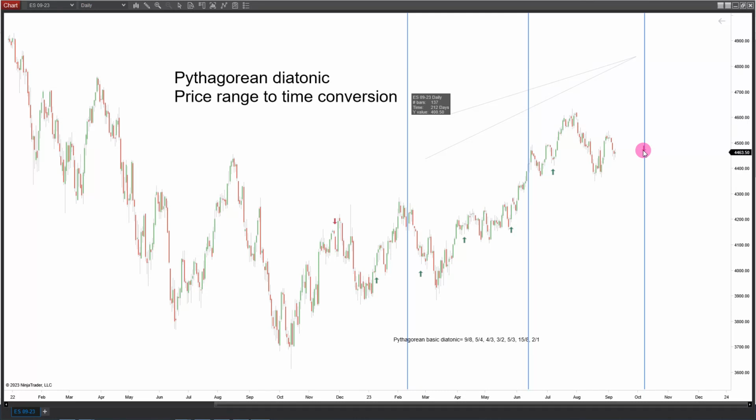I forgot to mark the 7/8 division. Anyhow, here they are. We're 1 day off this minor high at the 45.16. The 90 is 1 day off this low. We get this very minor low here. It only kicked it up for 1 day.